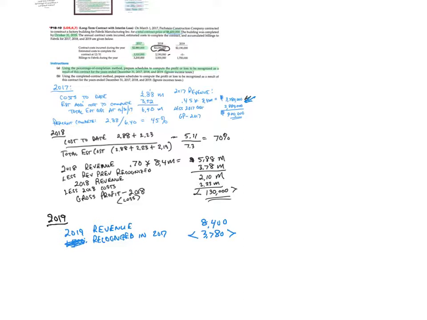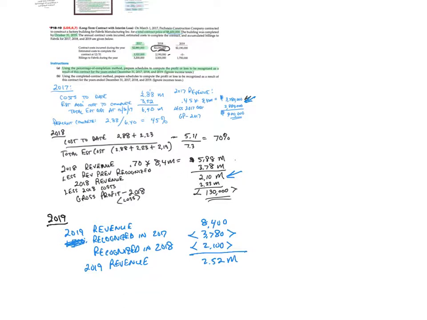I'll put that in parentheses. And recognized in 2018, that's the 2.1 million. Gives us 2019 revenue. And when I do that, let me just check. We have 8.4 minus 3.78 minus 2.1, and I come up with 2.520 2019 revenue.